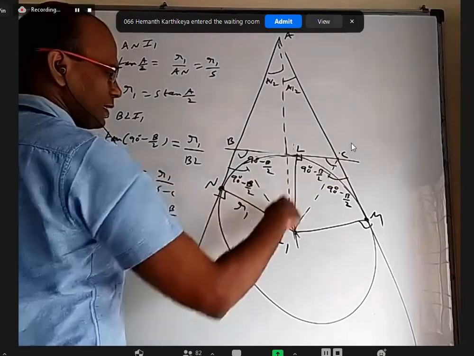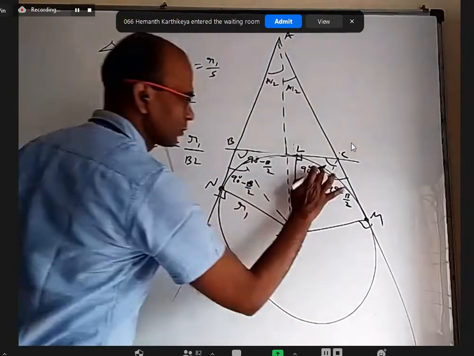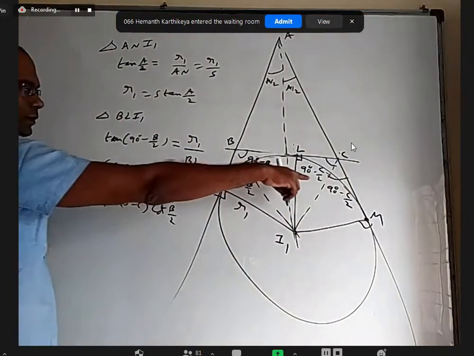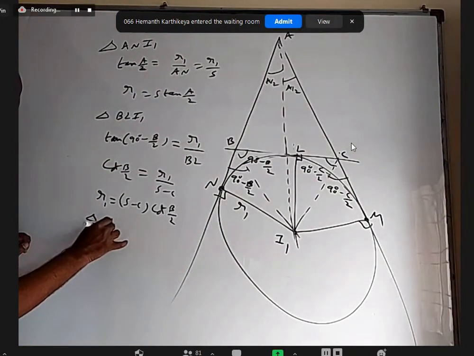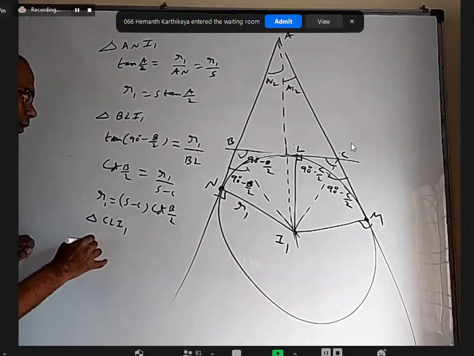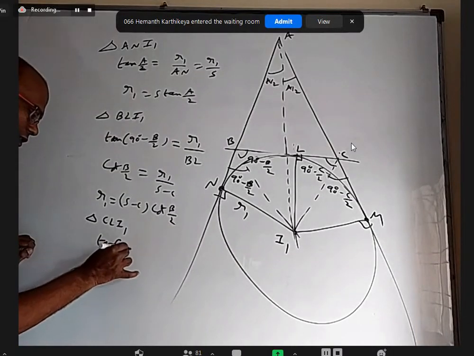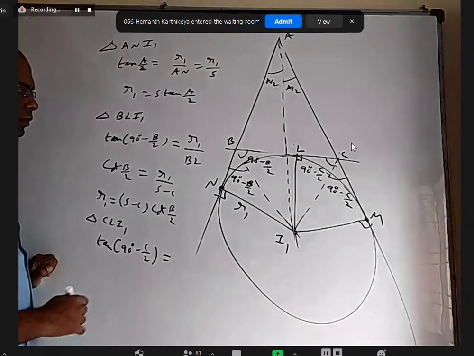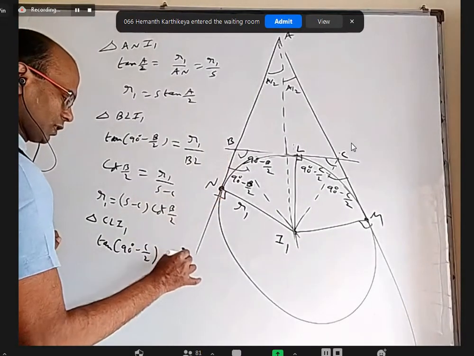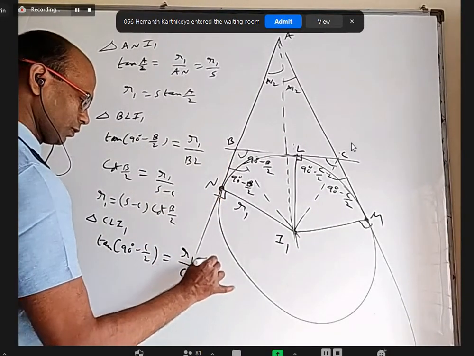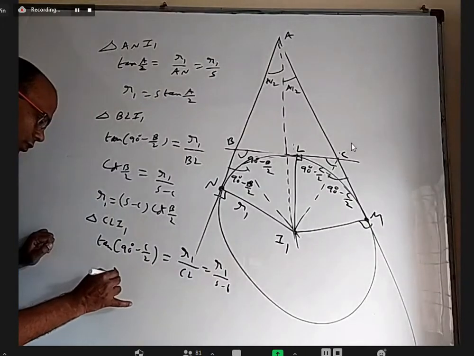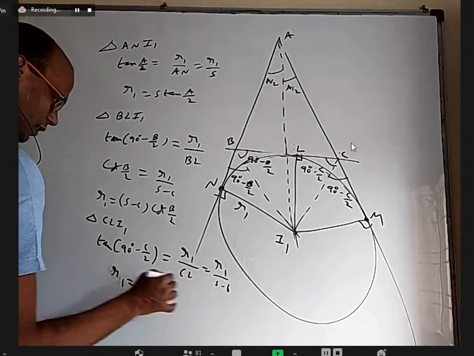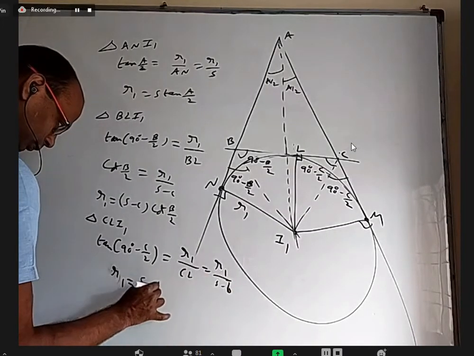And if I take triangle CLI1, this is not B by 2, sorry, I wrote wrong. C by 2, C by 2. 90 minus C by 2. There. If we take triangle CLI1, tan of 90 degrees minus C by 2 is opposite R1, adjacent is CL, which is S minus B. So R1 is equal to S minus B cot C by 2.